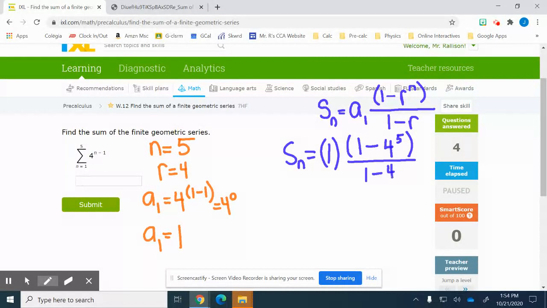All right? So now we're just going to come down here, and we're going to say 1 minus, and now we have to get out our calculator. 4 to the 5th power equals 1,024 over 1 minus 4. So that's going to equal negative 1,023 over negative 3, right?